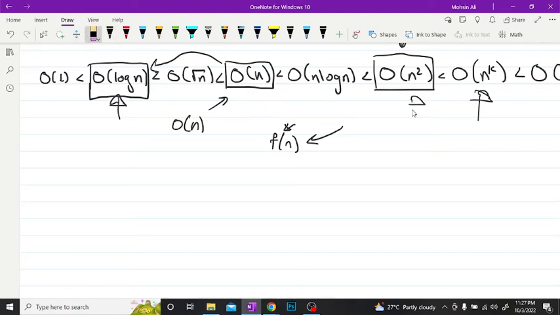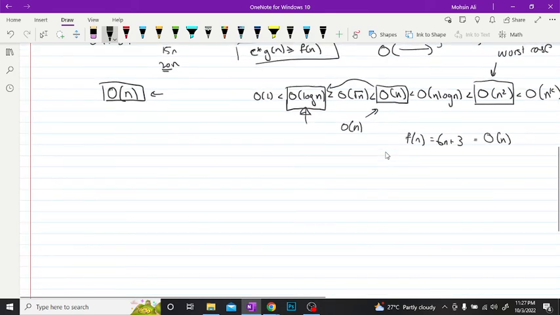So always try to take the tightest bound, which in this case would just be a linear function itself. And that is basically how you solve big O notations.